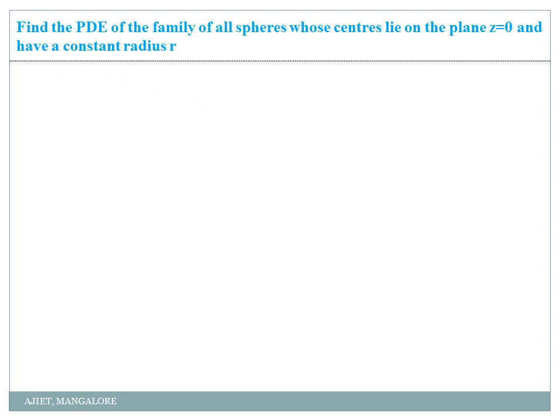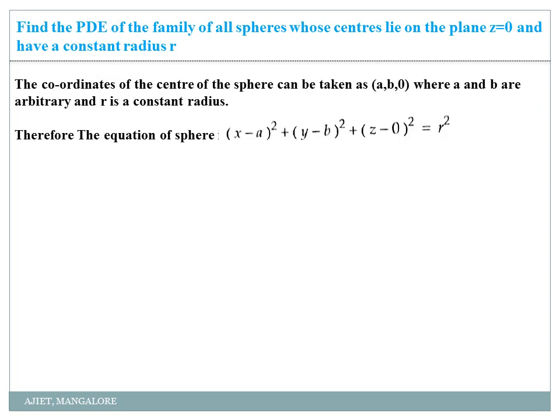So what is the equation of a sphere? That is the first thing we should know here, correct? So see here, the coordinates of the center of the sphere can be taken as a comma b comma 0, correct? Why? Because z is equal to 0 means its z coordinate is 0, right? So my equation of the sphere will be x minus a the whole square plus y minus b the whole square plus z minus 0 the whole square is equal to r square.